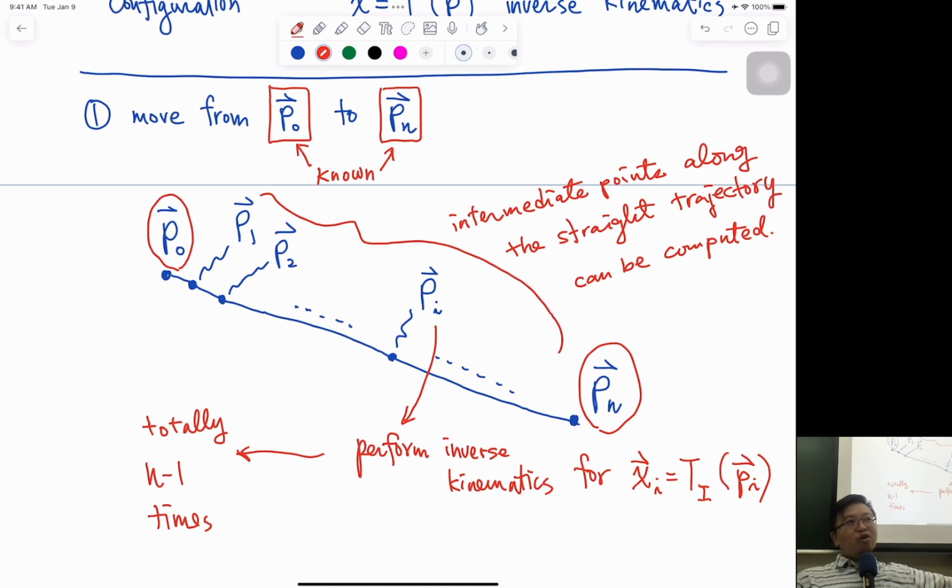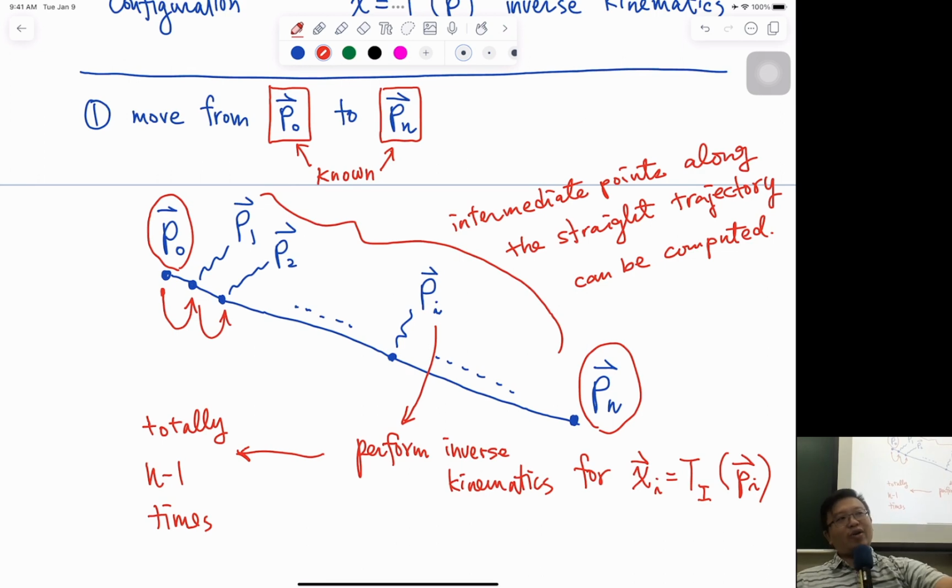What if you only choose 3 points? Then you tell the controller to move from the initial point to the first intermediate point, and then move to a second intermediate point. Let's say there are only 3.